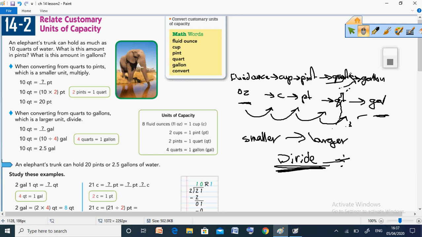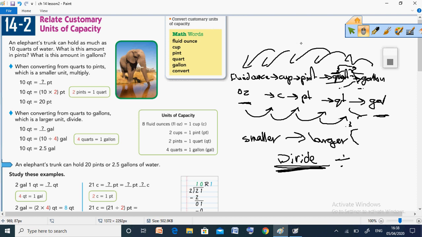But if I want to convert from larger to smaller, we have to multiply. Again, from smaller to larger we divide; from larger to smaller, or from right to left, I have to multiply, and from left to right we have to divide.